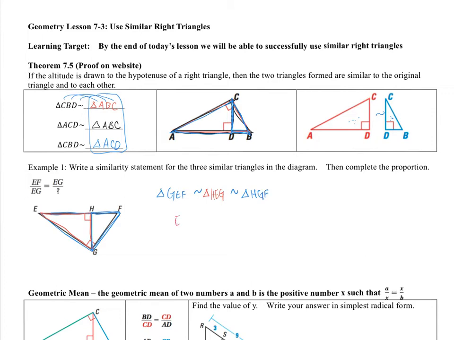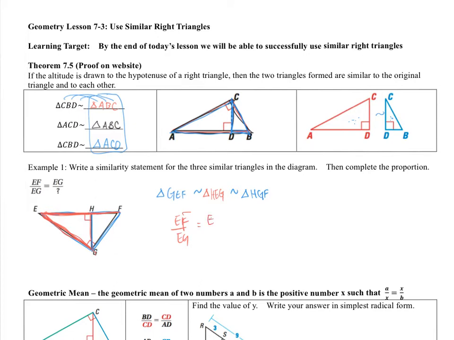And for the proportion, EF to EG. So EF is the hypotenuse of the largest right triangle, and EG is the longer leg. And EG can also be the hypotenuse of triangle EHG, so that must correspond with the hypotenuse of the largest triangle, EF.